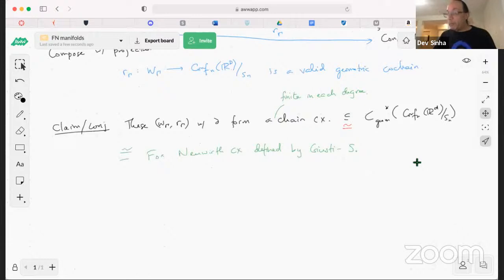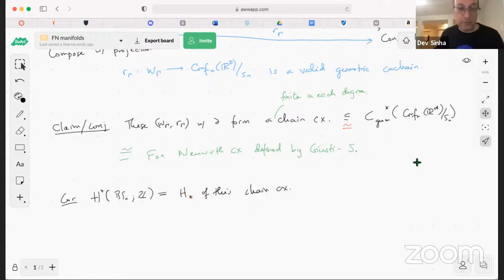But this becomes, sort of a corollary, the cohomology of BSN Z is the homology of this chain complex. So in a sense, this gives a purely combinatorial way, combinatorics and linear algebra ultimately, to get at the homology of this thing.